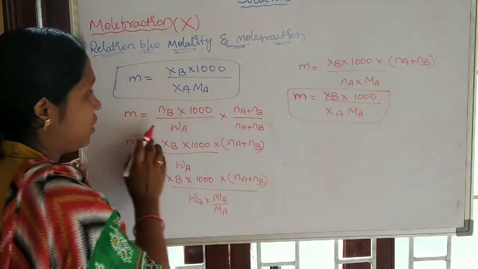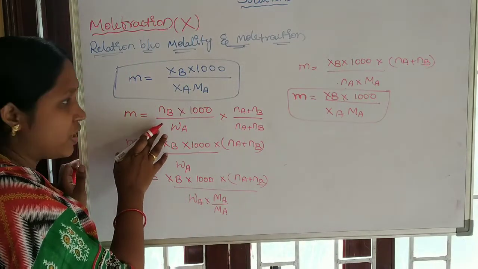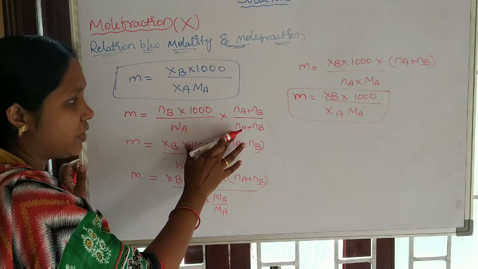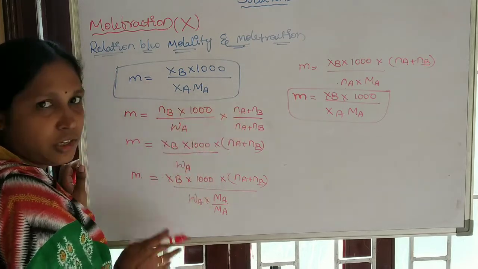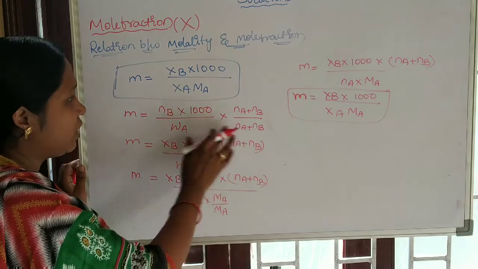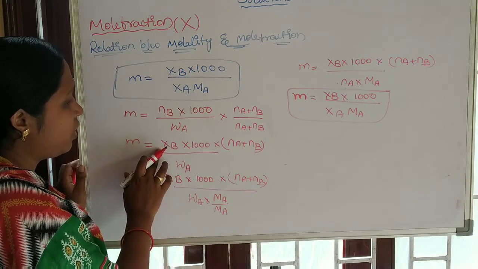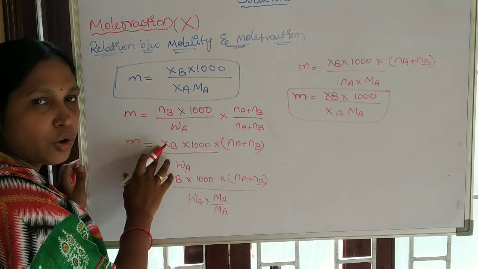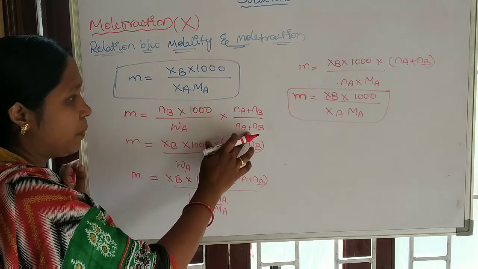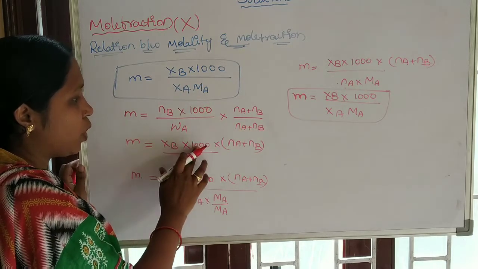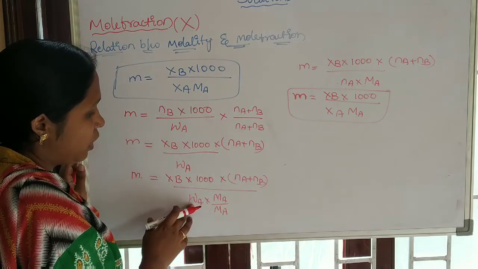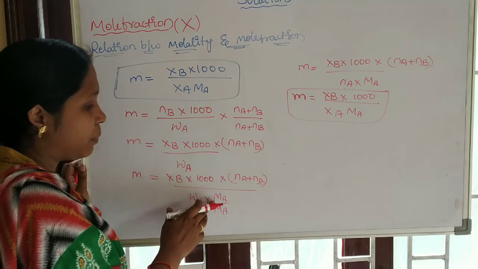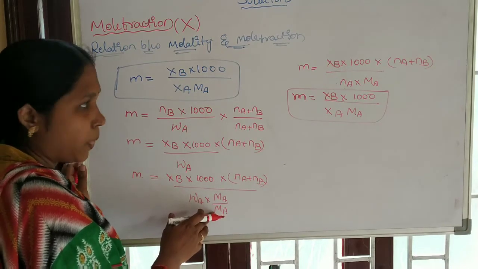Okay, taking the molarity equation, and that equation multiply and divide with the sum of the number of moles of solute and solvent. Okay, we write Xb, mole fraction of solute. Nb by Na plus Nb is Xb into 1000 into Na plus Nb. After that, the weight of a solvent is multiplied and divided by the molecular weight of a solvent.